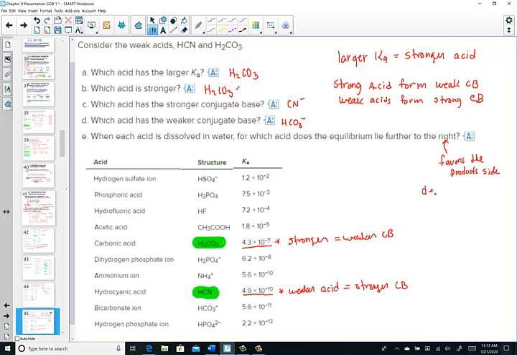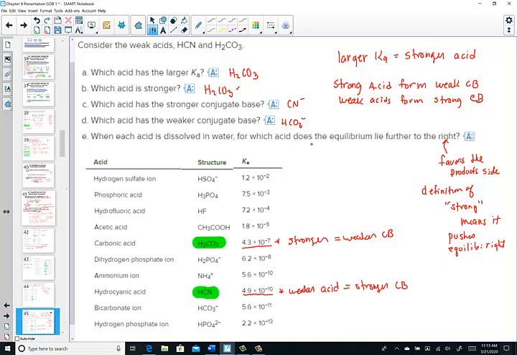So remember that the definition of strong means that it's favoring the right side. So when I write pushes equilibrium to the right, you'll know what that means. It's being favored to the right side.